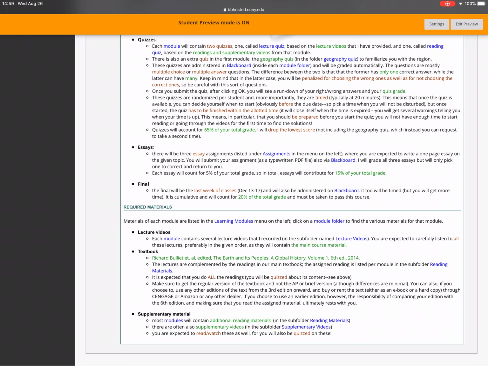Besides the quizzes, there will also be 3 essay assignments, basically of 1 page, or perhaps, if I decide, I will make this 1 page into 2 pages, I don't know. These are on questions that I will provide for you beforehand, with instructions on how to answer the question.